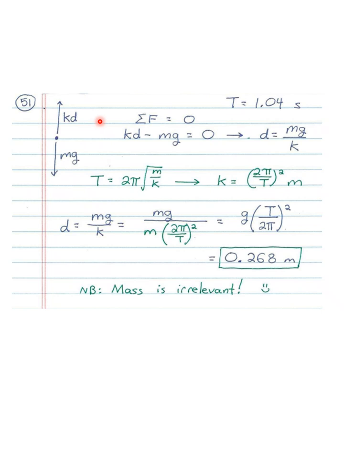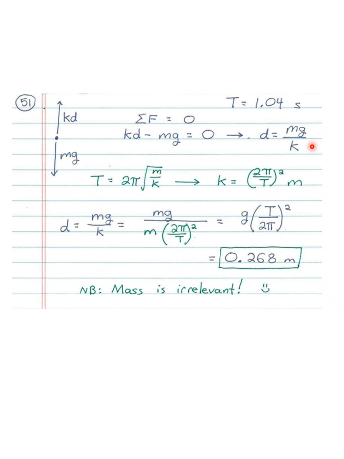Now, let's use F equals ma, where acceleration is 0, because it's just hanging there, not moving. And we can say kd minus mg equals 0. And then we can say that d is equal to mg over k. All right, let's leave that to the side for the moment.